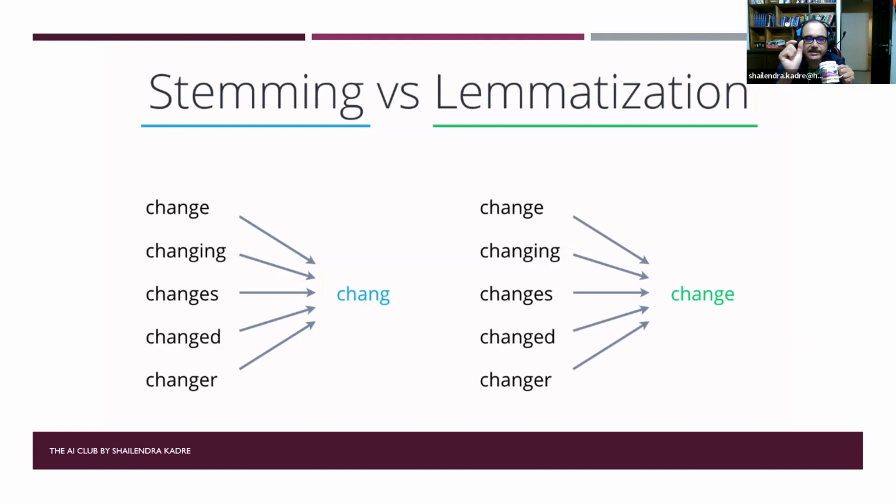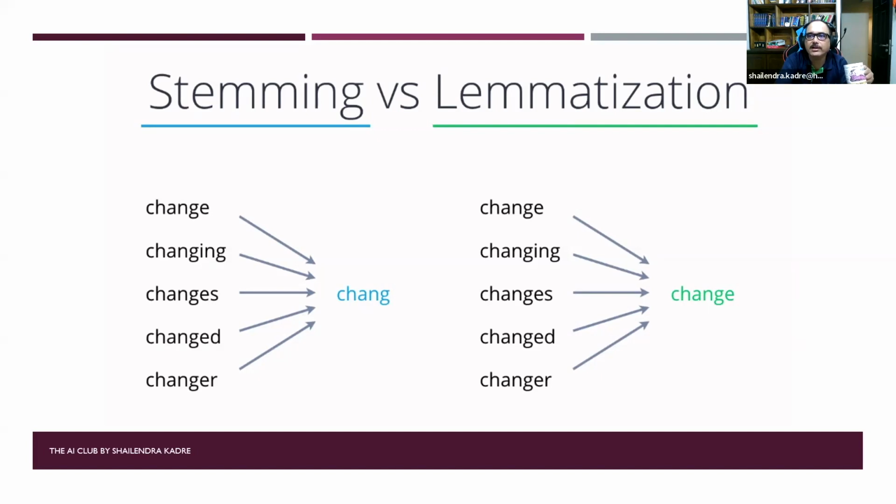I think chang has no meaning in proper English. Chang might be a Chinese name or something like that, but it has no meaning in the English language. So whatever we have done on the left hand side by just removing the suffix is nothing but stemming. As you see, stemming can reduce to a root word which may not have any meaning at all.